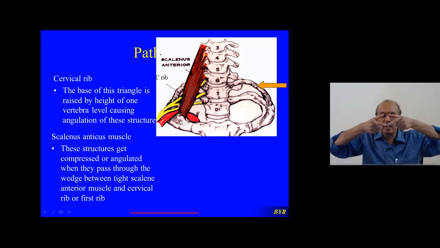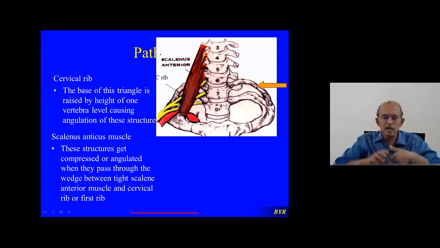So the vessels running on this try to come down like this, but the scalenus anticus muscle holds them. So in this angle between the first rib and the scalenus anticus muscle, these vessels and nerves can sometimes be compressed. This is called the scalenus anticus muscle syndrome.